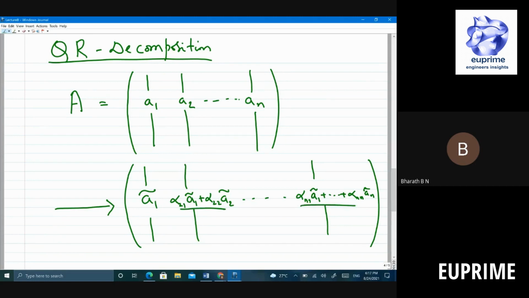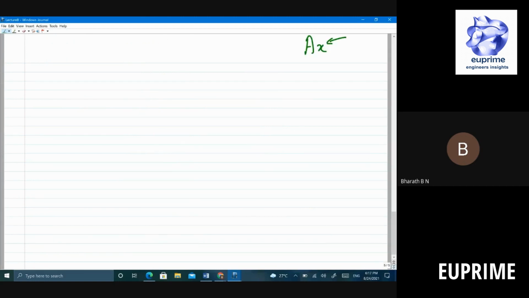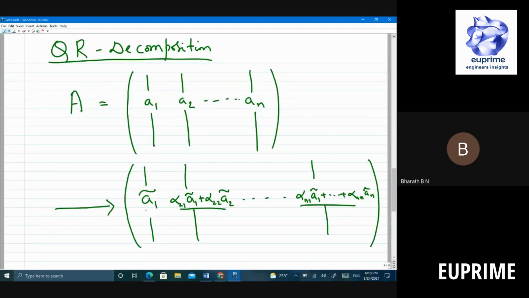So how do you get this? Essentially, I can write a matrix. So what do I get here? I get a Q matrix. This is your Q matrix, do you agree?